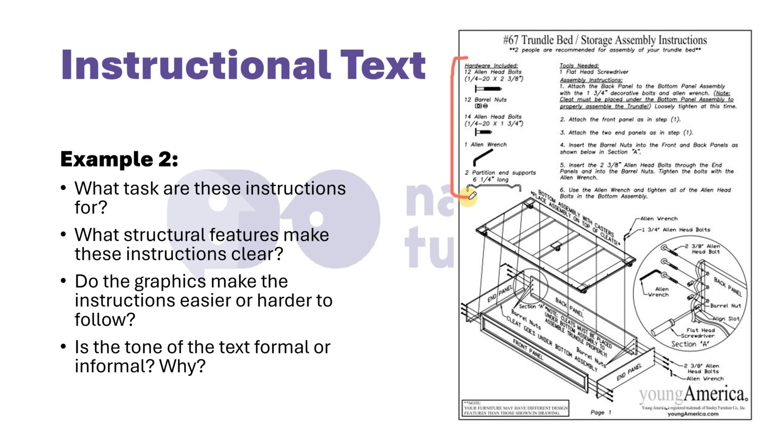Now, structurally quite similar to our previous example of the apple pie recipe, we have essentially our list of ingredients, but in this case it's a list of equipment that you are going to need to assemble the trundle bed. And then we have our method, our list of instructions, step 1 to 6, clearly laid out, evenly spaced, and clearly numbered.